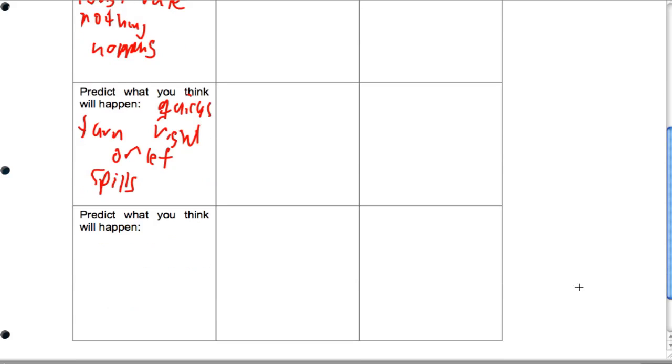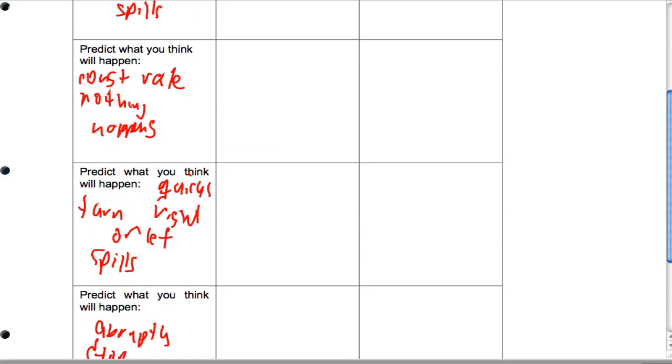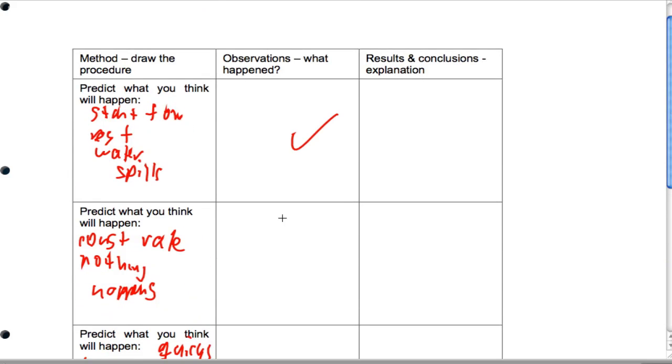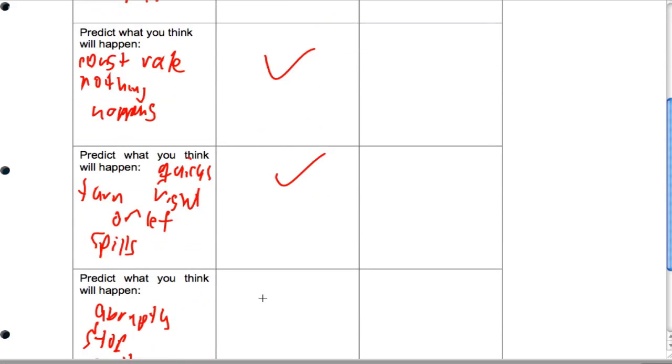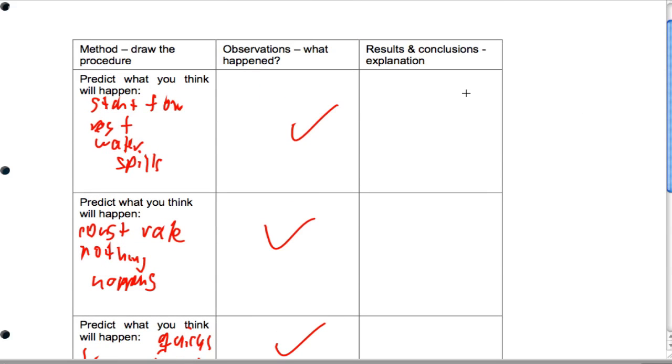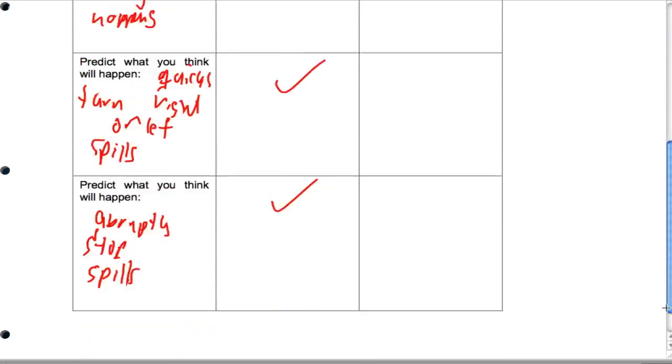And of course, abruptly stop, the water spills. So, what can we say about this? Well, we actually confirmed all our predictions. So that wasn't surprising. But how do we unite all of these under one explanation? So that's really the goal.